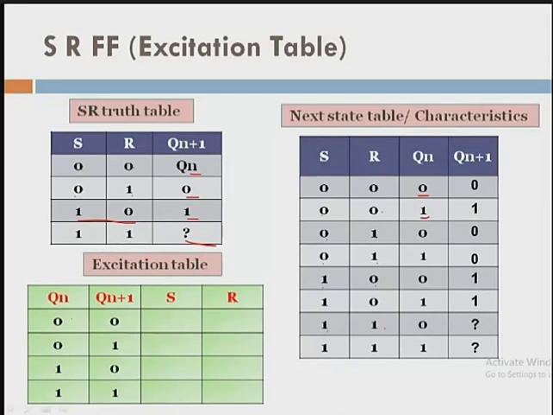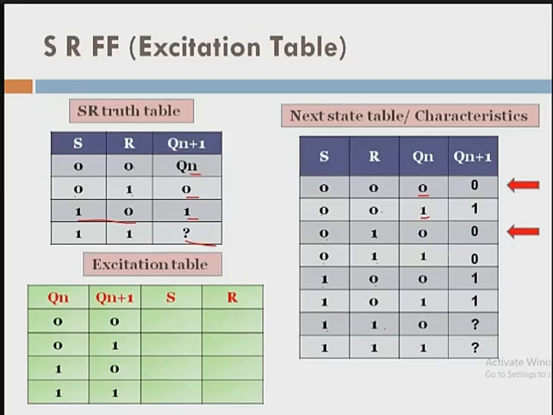Now find out where the Qn and Qn plus 1 value is 0 0 in this table. If you observe the last two columns, here the Qn value is 0 and the Qn plus 1 value is 0. In these last two columns, there are two combinations of 0 0 for your Qn and Qn plus 1.